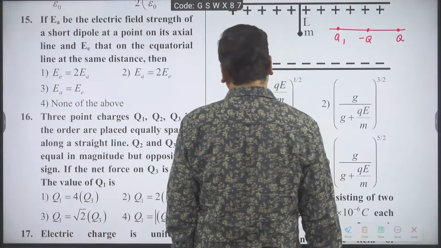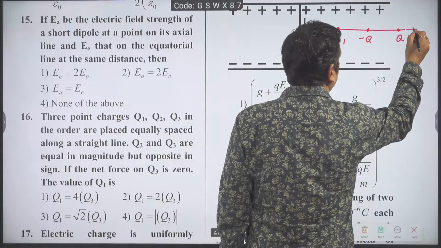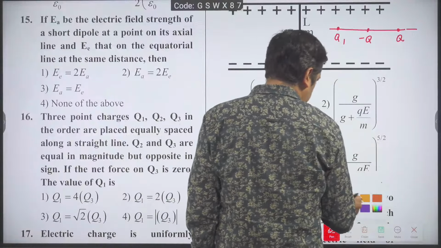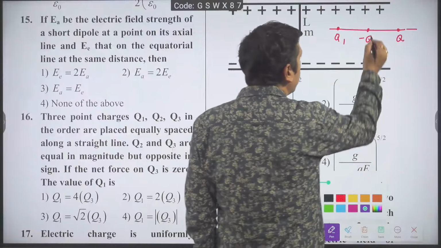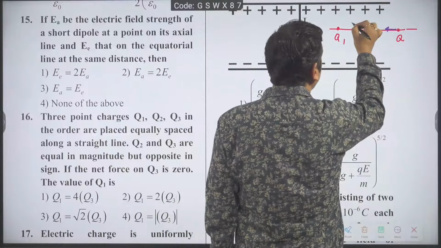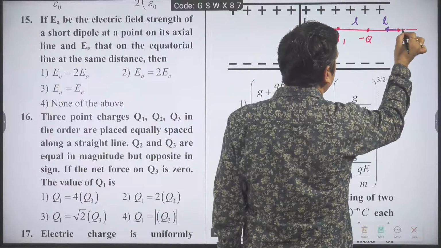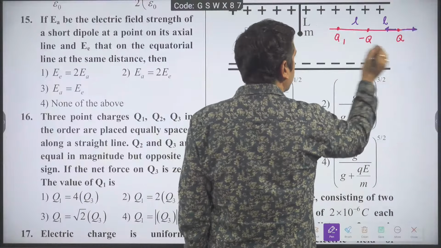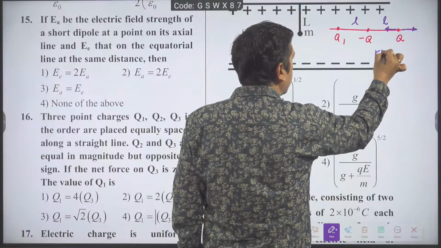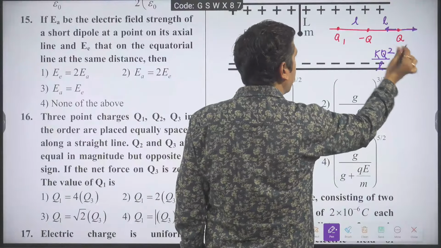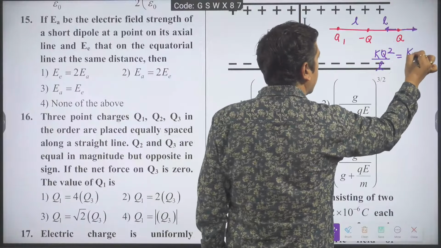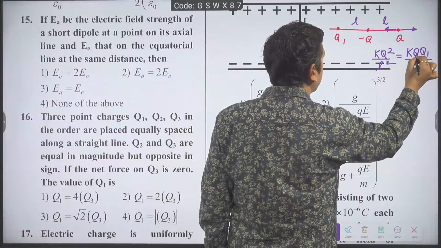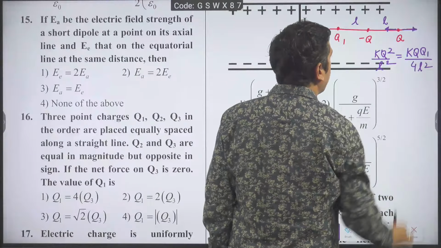Now the net force on Q3 is 0. So who will apply force? Due to minus Q, if you consider this distance L, this one also L, and due to Q1, the force will be like this. So magnitude wise we can write KQ square by L square, the force between these two, and here we can write KQ Q1 by 4L square.